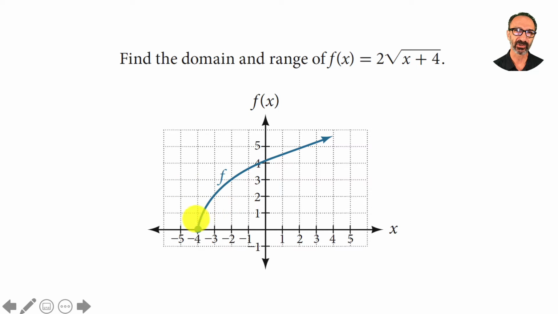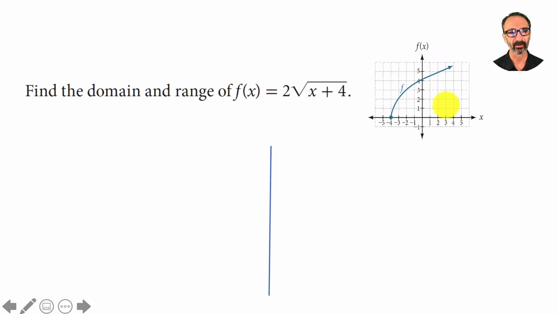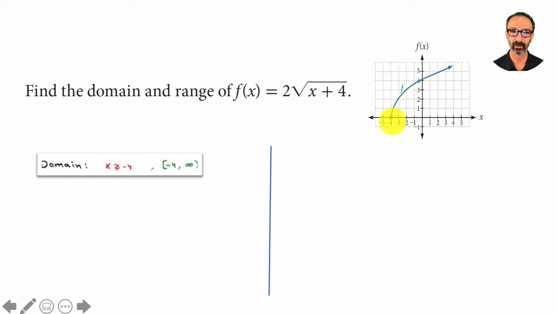The y values start from the level down here all the way up, so from level 0, looking at the y values. Let's move it to the left so I could show you some work, or move the graph. Same graph, same question. The domain will be x greater than or equal to -4, so from -4 and up, equal -4 also, with the equal sign.